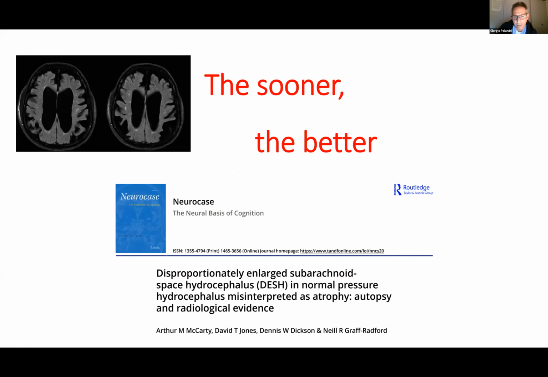However, I think that on one point we must all agree: the sooner the diagnosis is made, the better it is for the patient, for the caregiver, and for the physicians involved in the diagnosis and the treatment.